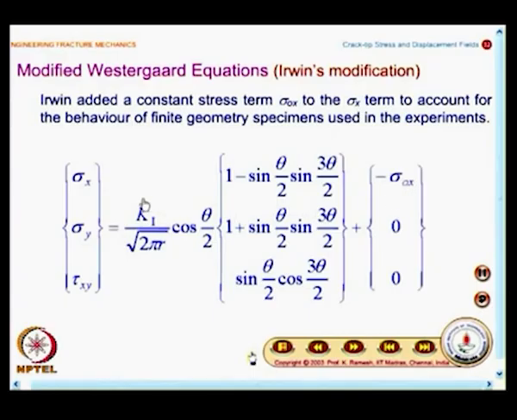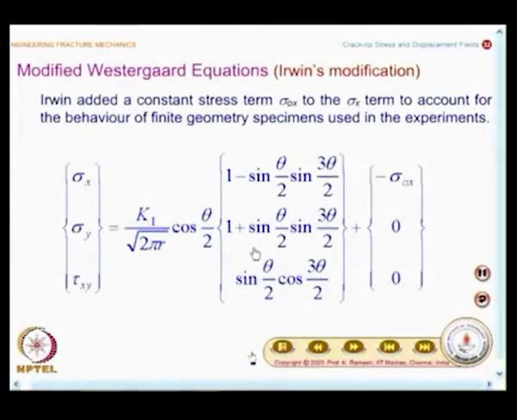Although the final objective may be to find out K1 from the experiment, you will have to use the experimental information to find out sigma naught x as well as K1, and then report the value of K. Only that value of K is representative of the actual stress field seen in an experiment. This is the way you will have to look at it.